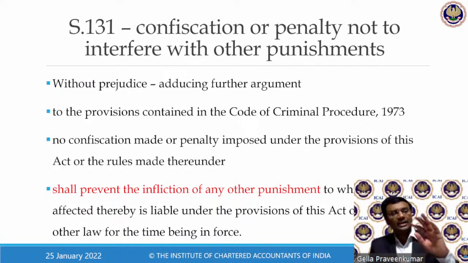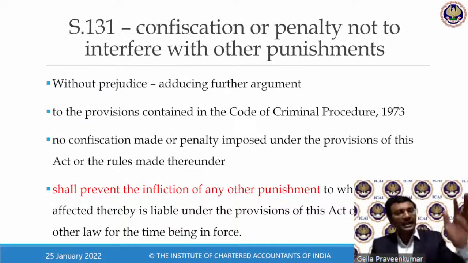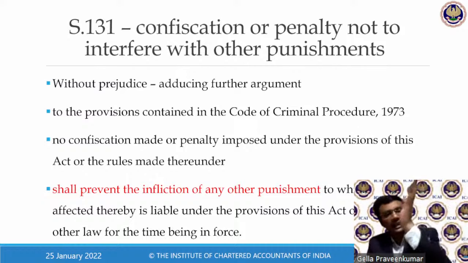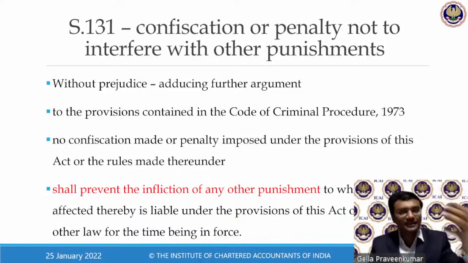I ensure that the provisions of CrPC are taken care of. I also ensure that any penalty which is made under any other law doesn't prevent me from imposing a penalty under this provision.